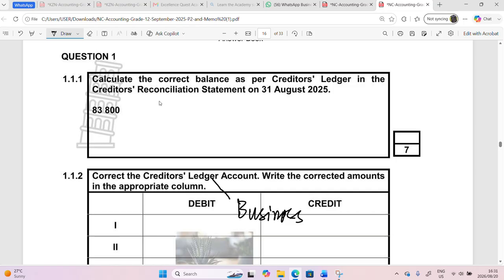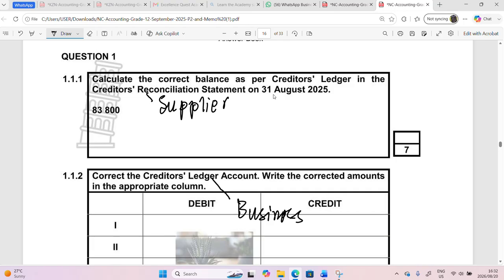And the creditors reconciliation statement, we are preparing on behalf of the supplier. Here we have the supplier on the creditors reconciliation statement side. I want you to note these two points. Once you understand these two points, you will forever understand the creditors reconciliation statement.